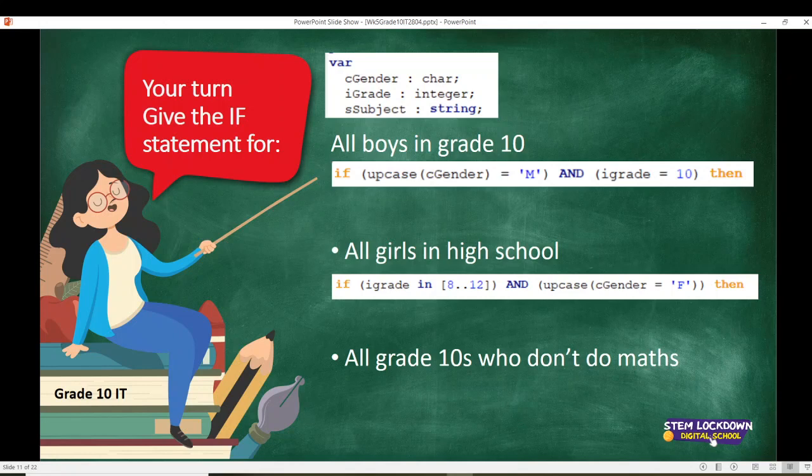Okay, I would have a very long if statement. Whereas what I can do is I can now say if I grade in 8 to 12 and uppercase C gender equals F. Okay, next one.